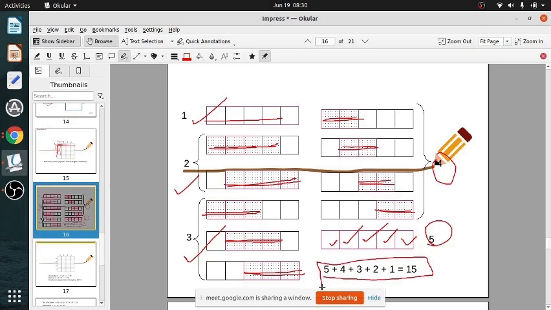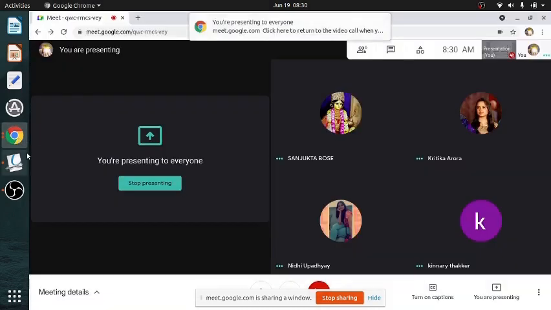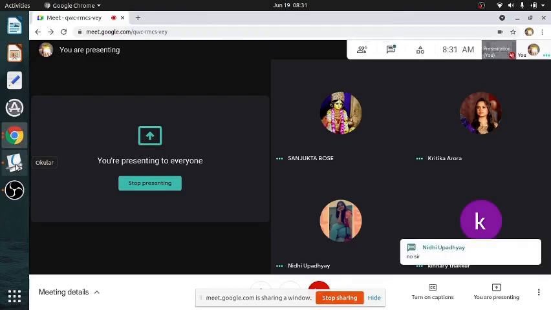Aurora, Kritika and Sanjukta and Kinnari? Yes, sir. Nidhi? Nidhi is okay, or she left? Nidhi, you are there? Are you getting the sound? No, you are not getting the sound.